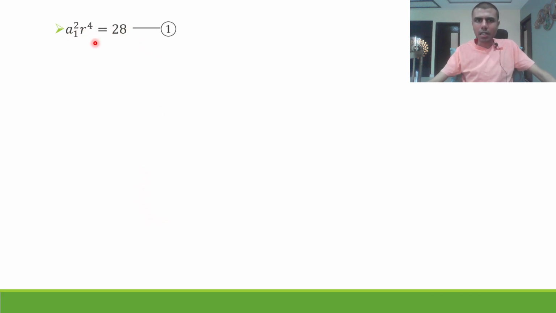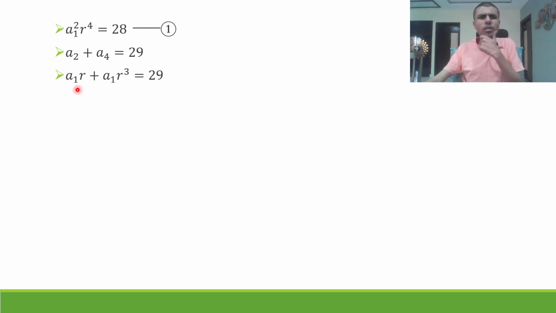Okay. I just wrote equation 1 once again. This was the second data given to us. A2 plus A4 is 29. Fine. So what is A2? A1R. A4 is A1R cube. Now in these two terms, what can I take common? I think I can take A1 into R common. Yes, if I take A1R common, I'll get 1 plus R square, which is 29.